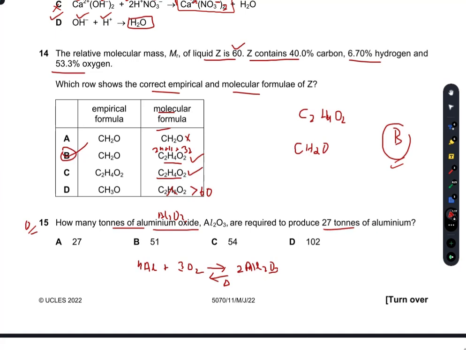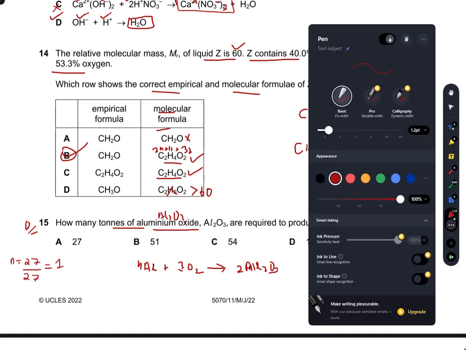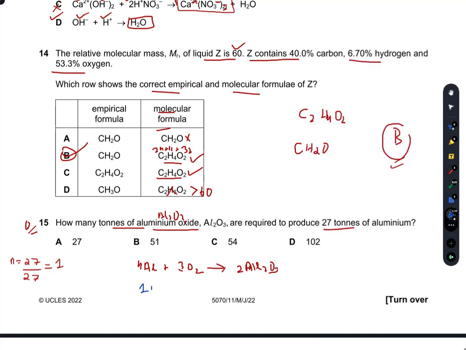Now I have 27 tons of aluminium here, so I will find the number of moles of aluminum. The number of moles of aluminum is 27 over the MR, which is also 27. So if I have 1 mole of aluminium and some moles of oxygen, we are not required to find this. It will give us half mole of Al2O3 as per this reaction.